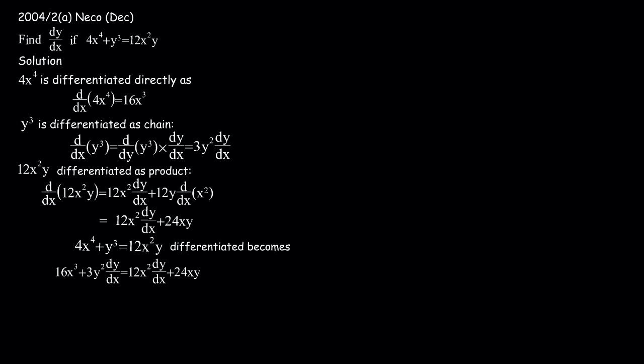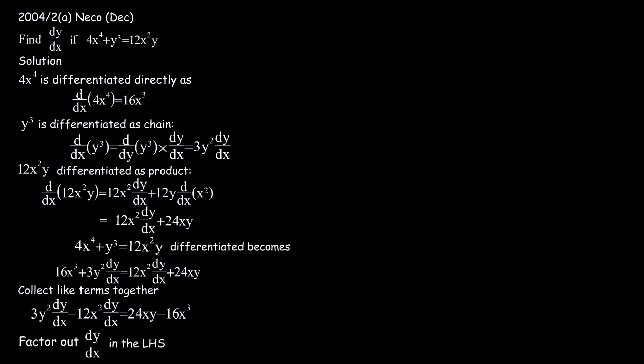At this point, we are going to be collecting our like terms. That will take all dy over ds component to be on one side and the rest of the equation on the other side. Collecting like terms, it becomes 3y squared dy over ds minus 12s squared dy over ds equals 24sy minus 16s cubed.